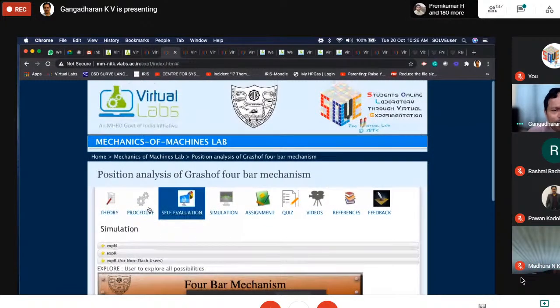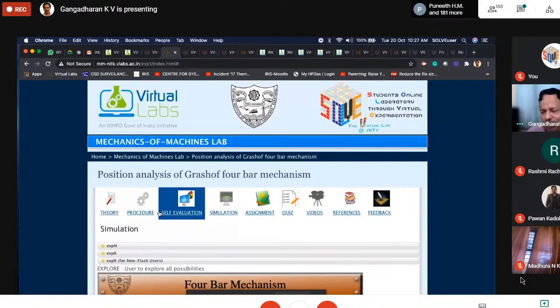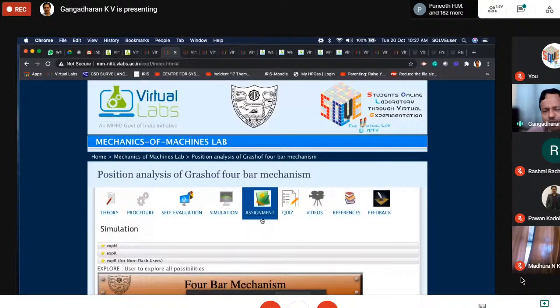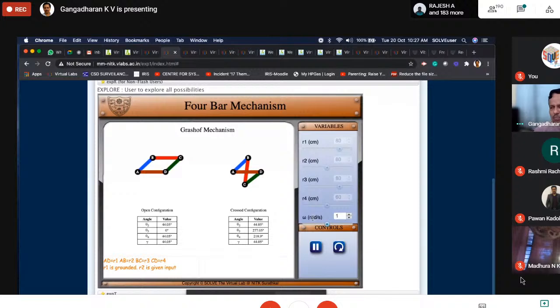This is called position analysis of a crank of a 4-bar mechanism. You'll have a basic theory and procedure, then you can do a self-evaluation. After that, you can also simulate. Then there are assignments, quizzes, videos, references, and feedback. So let us straight away go to the 4-bar mechanism here.